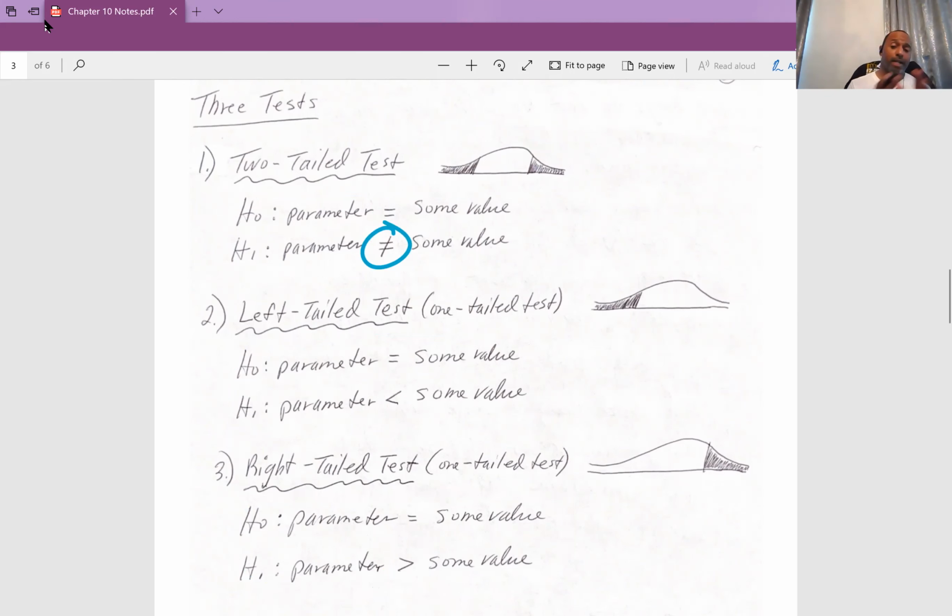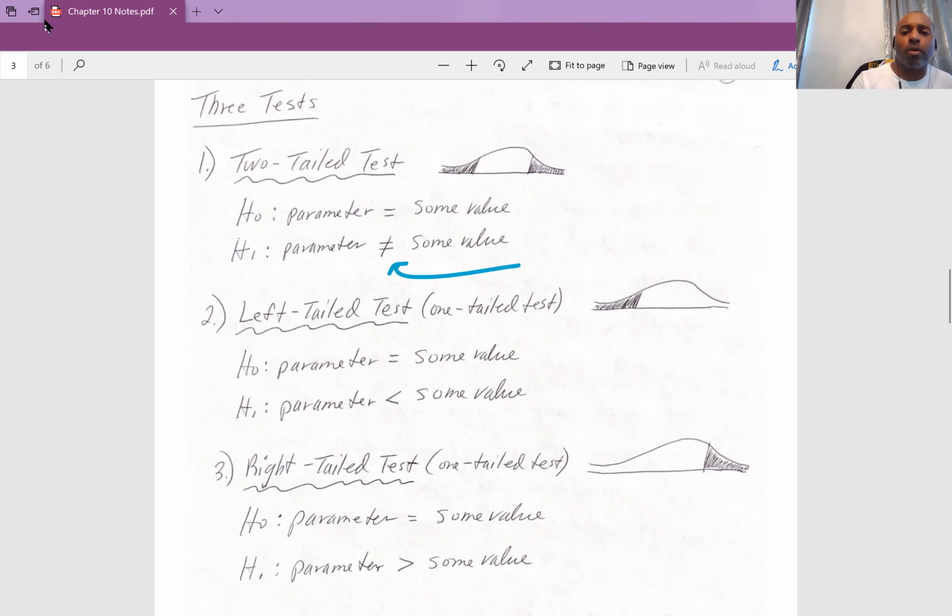And there will be keywords, just like in the last section, the last chapter, and the chapters before that, 7 and 8. Keywords dictated what we would be doing with our z-scores, whether it was less than, lower, under, something like that, or greater than, better, that type of thing. That would tell us what symbol to use.